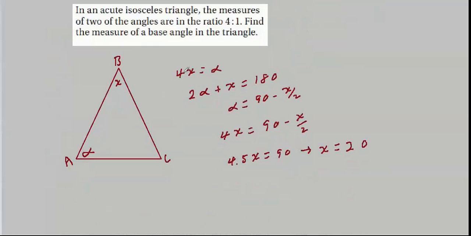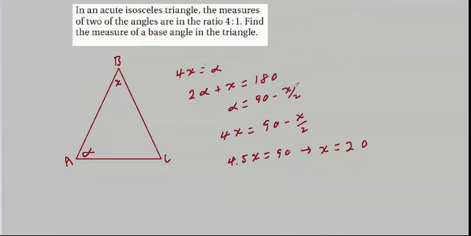Let's write 4x equals alpha. This is the smaller angle, and this is the larger one. Then we have essentially the same equations to set up. 2 alpha plus x equals 180. The relationship between alpha and x doesn't change because of this.